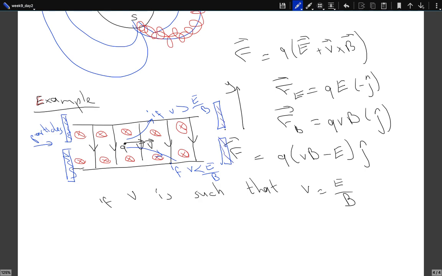You send your particles through this hole, so only those ones that go straight will be able to pass through the other hole. And the ones that go straight have the speed E over B. So if you need to find some particles that have a definite speed, well, this is your speed selector.